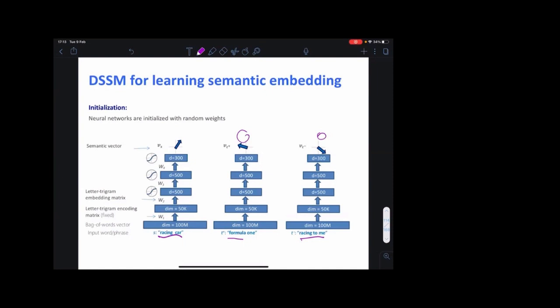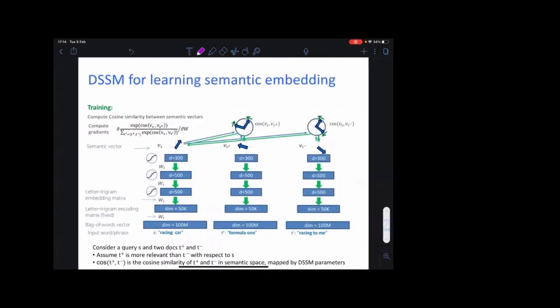Then we want to make sure that the neural network parameters form this representation in such a way that the more relevant ones are close together in that space in terms of cosine similarity, while the negative examples are away from it. So you have this measure, you want these two to be close together and these two to be far away, and you use that to backpropagate through the neural network.